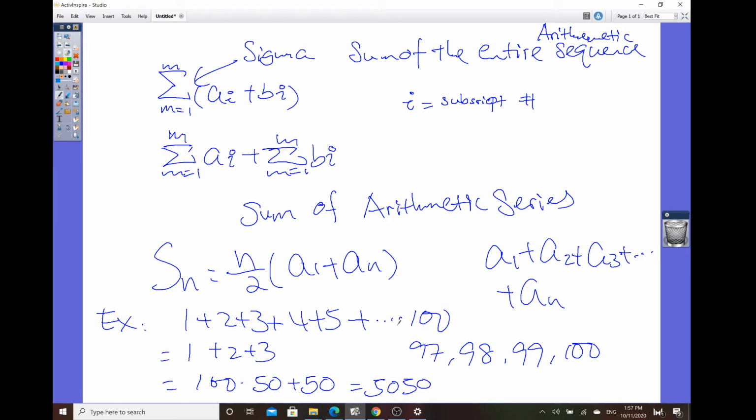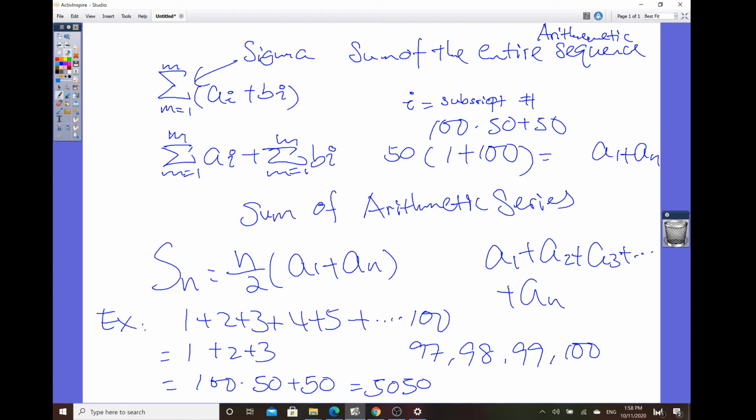For those wondering what the purpose of that is, I just wanted to show you the pattern for how I come up with the sum for any arithmetic series. So 100 times 50 plus 50. Let's say you take out 50, and then we have 1 plus 100. The 1 is a sub 1, the first number, and 100 is the last number, a sub n.